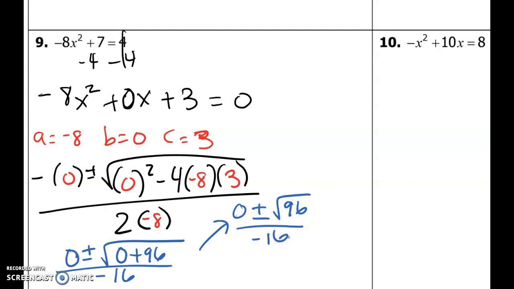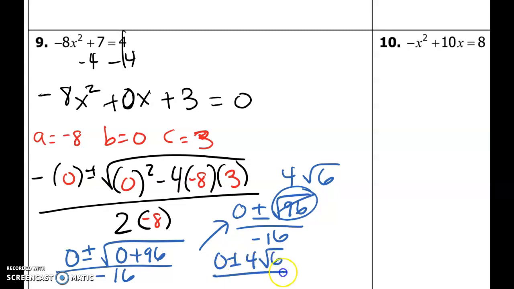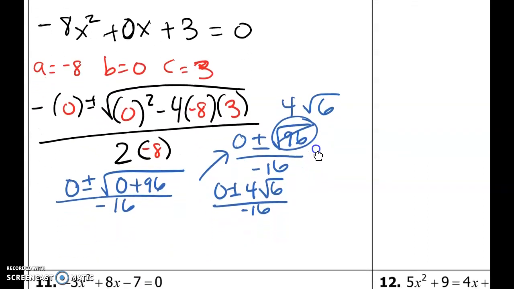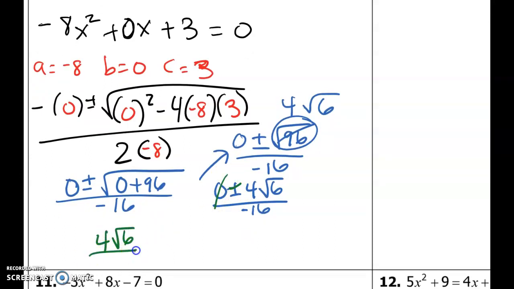So 4 square root of 6 is what the square root of 96 is. So 0 plus or minus 4 square root of 6 over negative 16. So let's simplify this. I can drop the 0 now because I know I have positive 4 square root of 6 over negative 16 and negative 4 square root of 6 over negative 16.